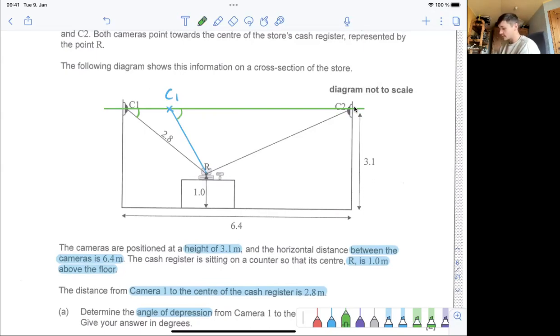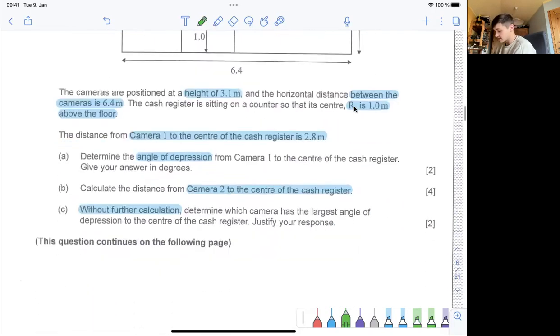It'll be the same for C2. If we bring C2 here, we can visually see that this angle in here now is greater than that angle in there. That one's not quite as clear, but moving C1 closer, we can quite easily see that the angle of depression gets bigger. That's going to be part of our justification.